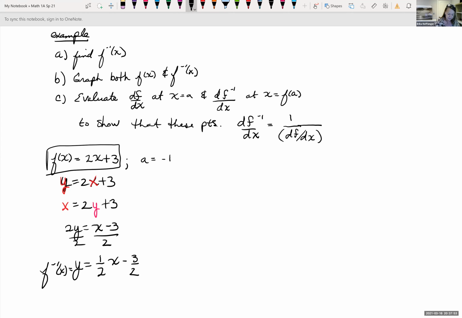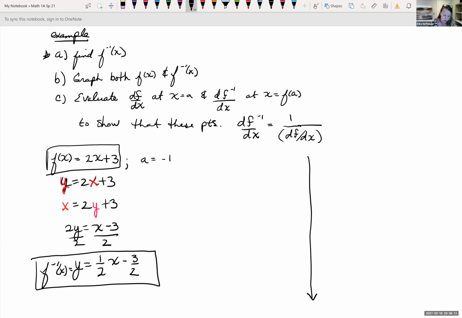And we could show that by taking the composition. Either way, we would get back x. So we found f inverse of x, and now it wants us to graph both of these. These are both lines. The graphs of a function and its inverse function are reflections, if you don't remember, reflections across the line y equals x.